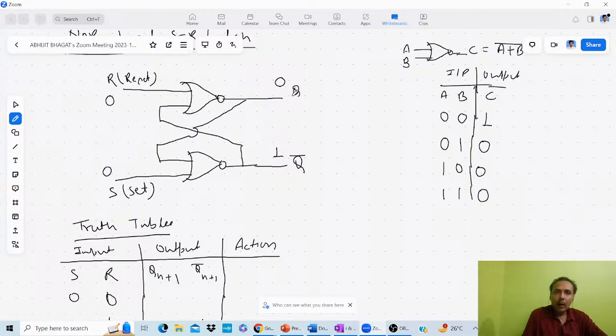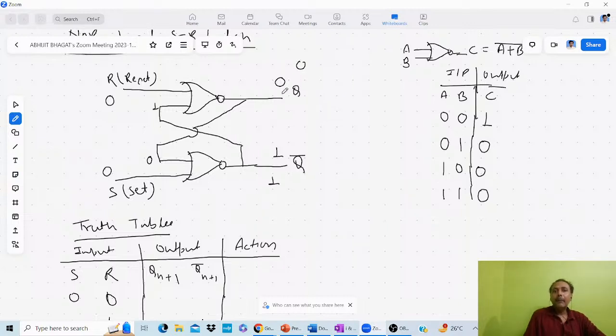Okay. Now if Q is 0 means here this is 0. Okay. So 0, 0, your output will be 1. Okay. And here it is 1. So this is 1. So 0, 1, your output will be 0, 1, 0.